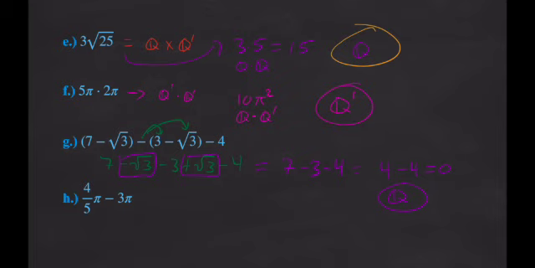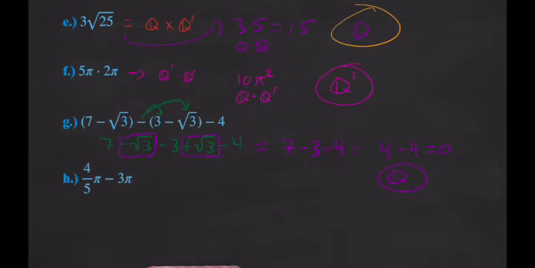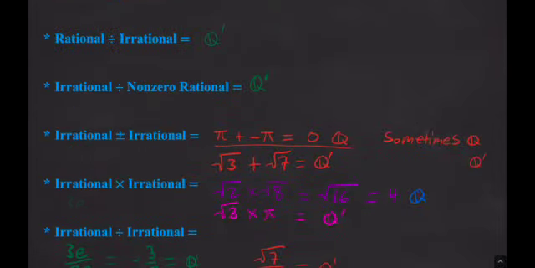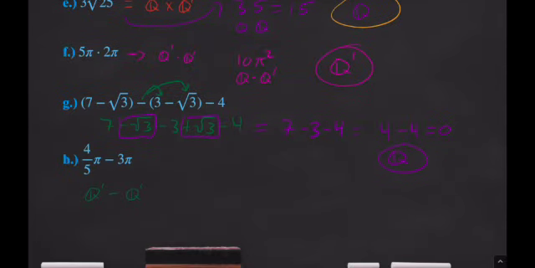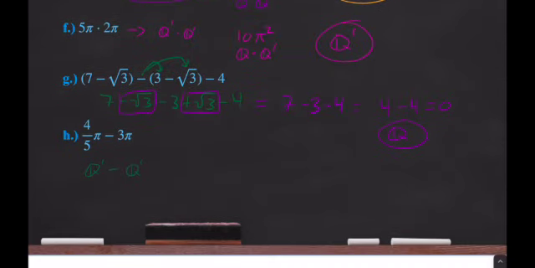Okay? Last one. We have an irrational number minus an irrational number. Okay? Irrational minus irrational, we do need to check. So let's just subtract those fractions. So 4 over 5 minus 3 over 1. Of course, there's pi in there.